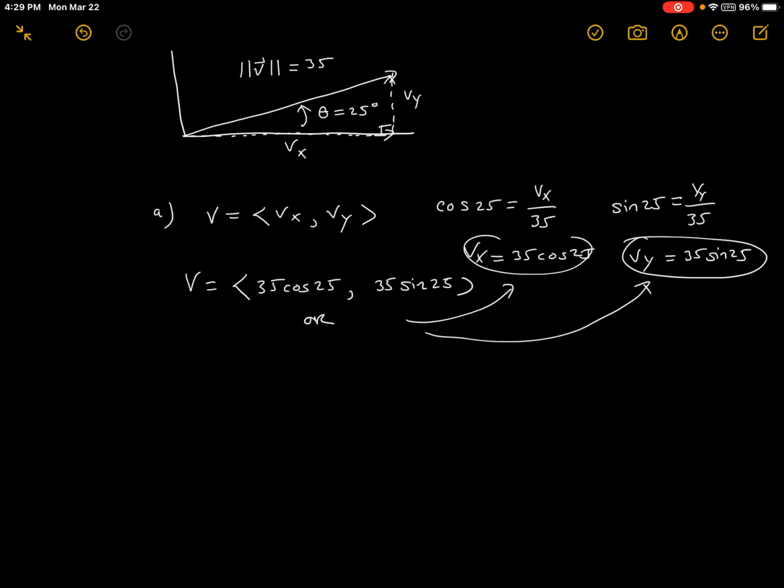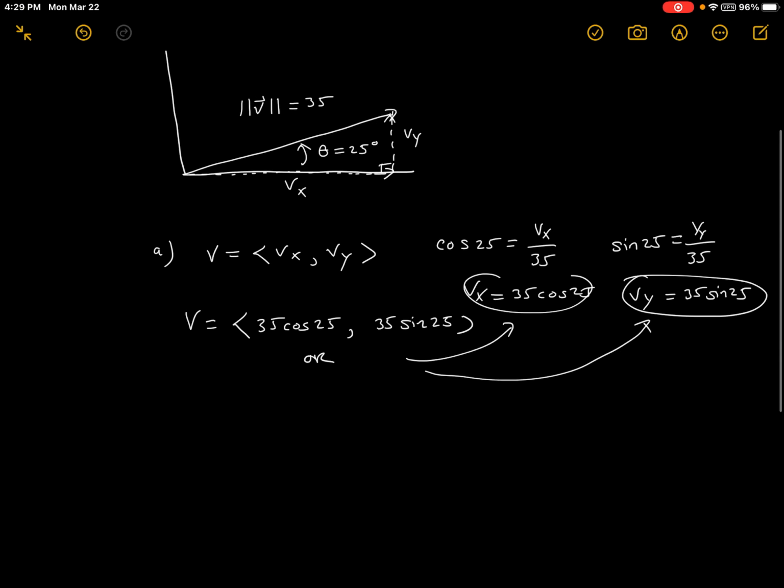The key concept is any vector, such as my vector v, can be written in terms of its horizontal and vertical components. And the equation, of course, is magnitude times cosine theta for the horizontal component and magnitude times sine theta for your vertical component.